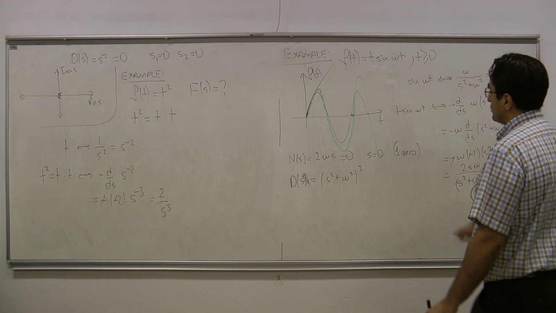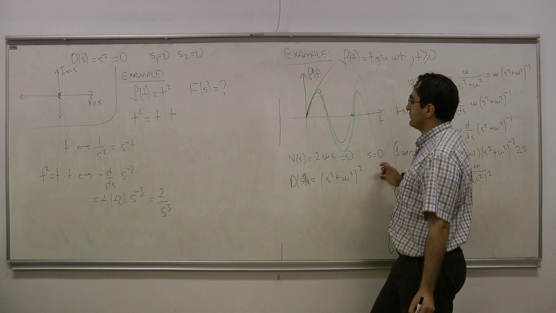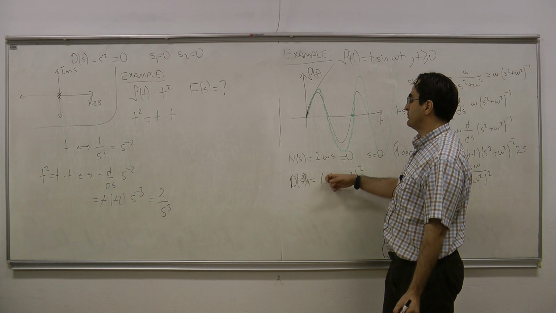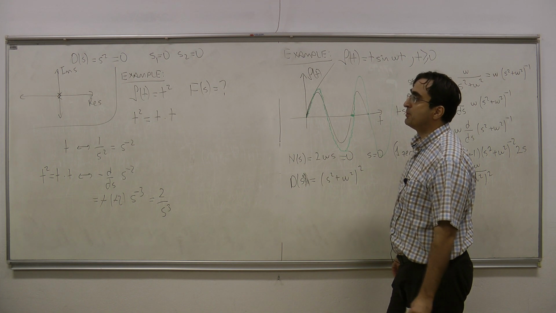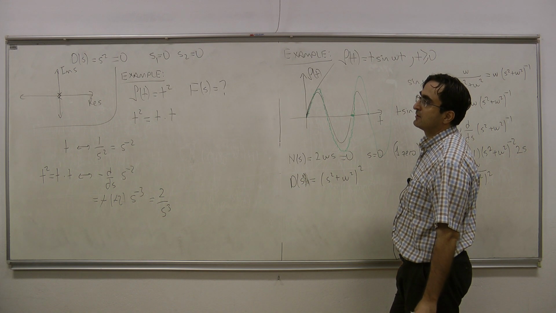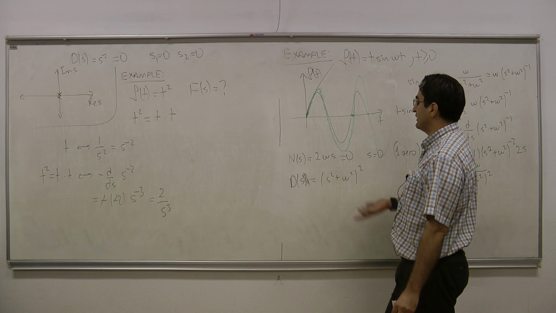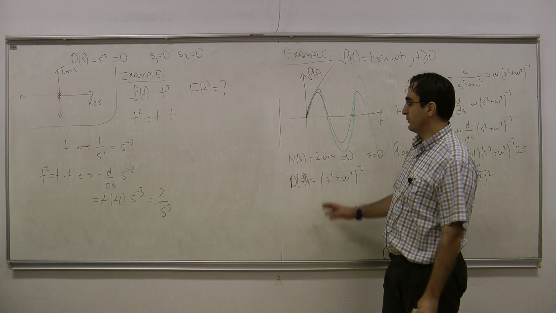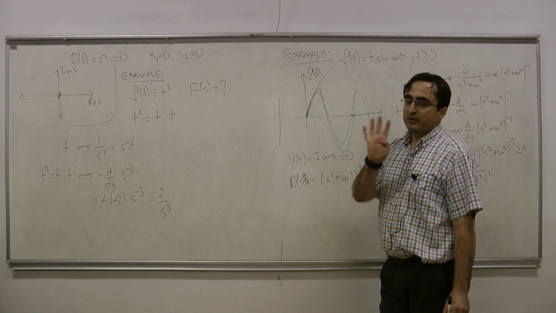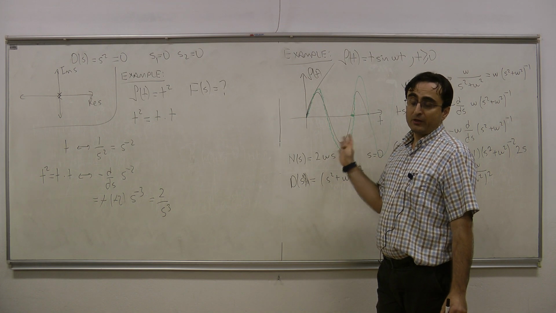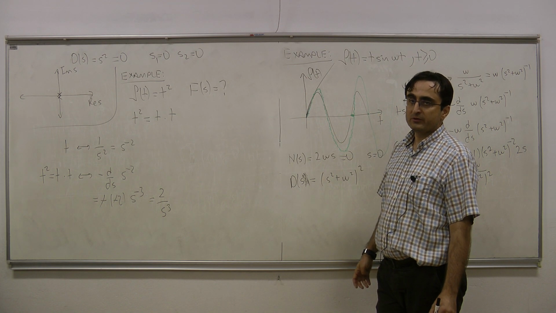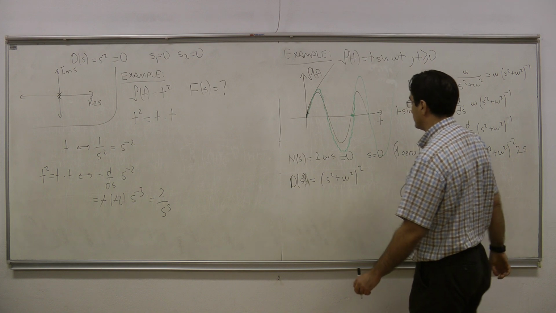That question is the same as asking what is the largest power that s gets in this polynomial. And you will see that this is a fourth order polynomial when you take the square. Therefore, there need to be 4 poles of this Laplace transformation.